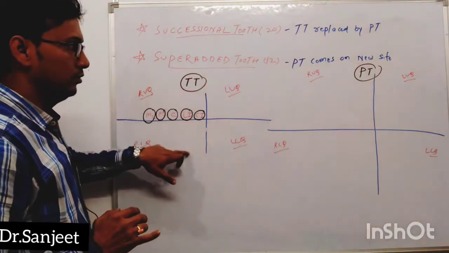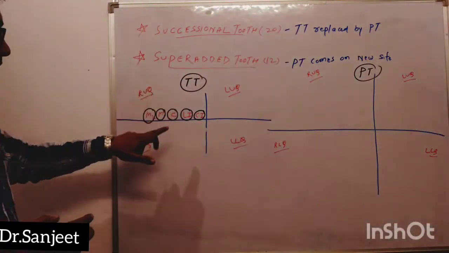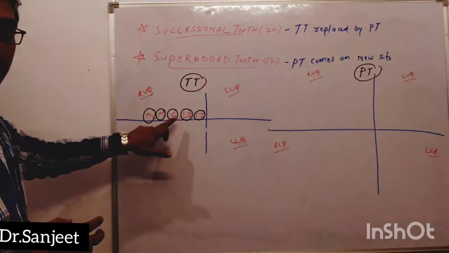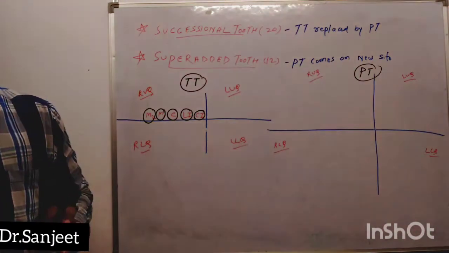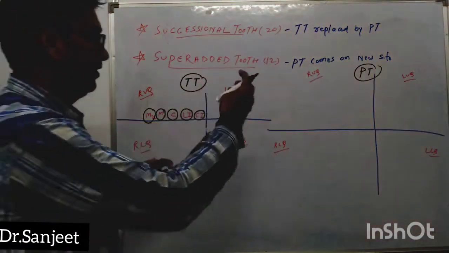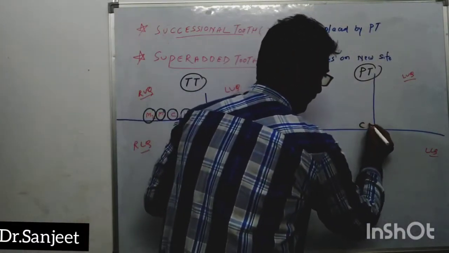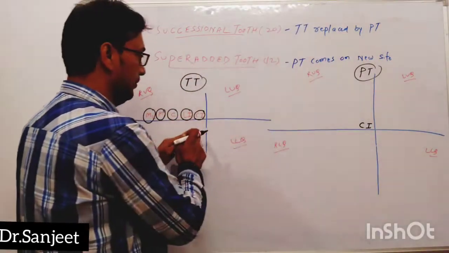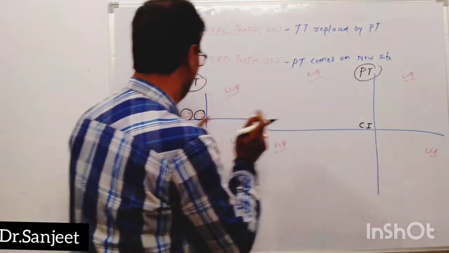So this is temporary tooth, this is permanent tooth. In the temporary tooth: central incisor, then lateral incisor, then canine, then molar 1 and then molar 2. Temporary central incisor is replaced by the permanent central incisor.